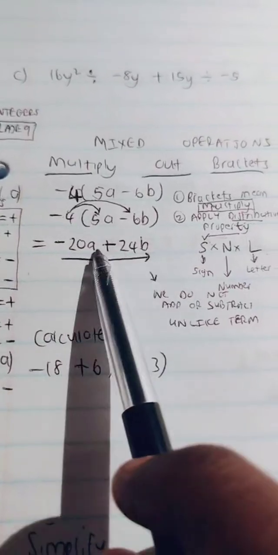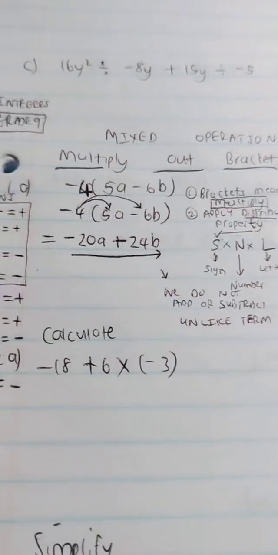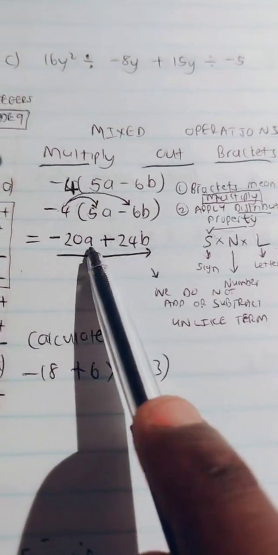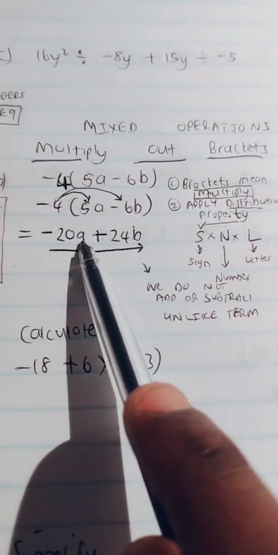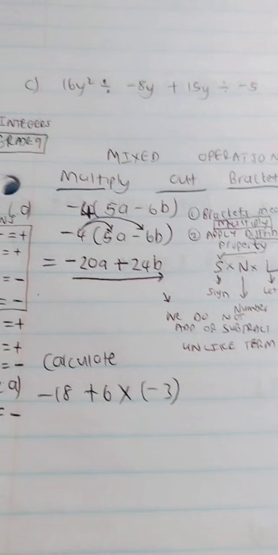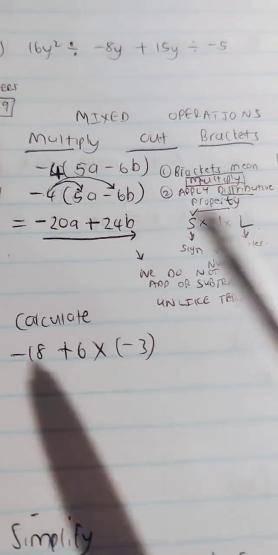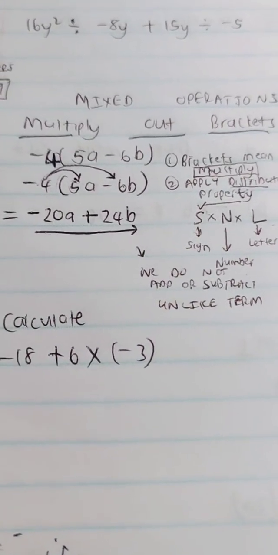All right? If the letters are different, we call those terms unlike terms. Or it could be that the letters are the same, but if the exponent of each letter is different, we also still regard those as unlike terms. We don't add unlike terms. We leave those terms as they are.